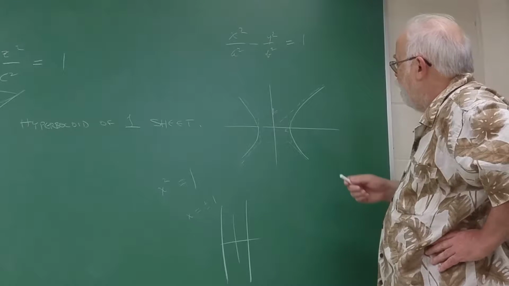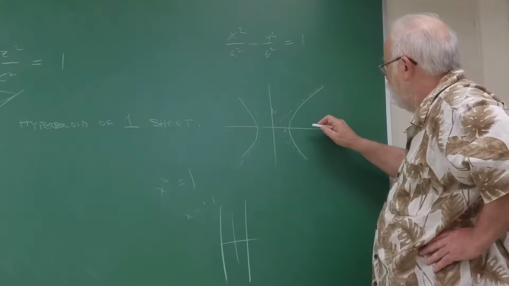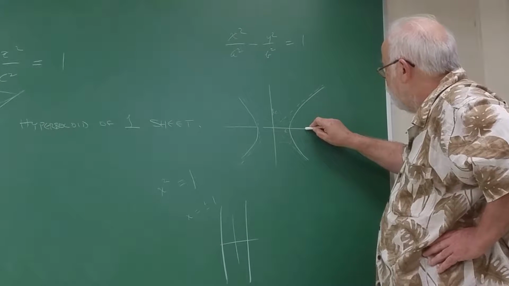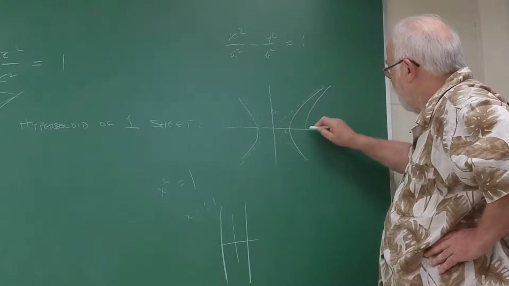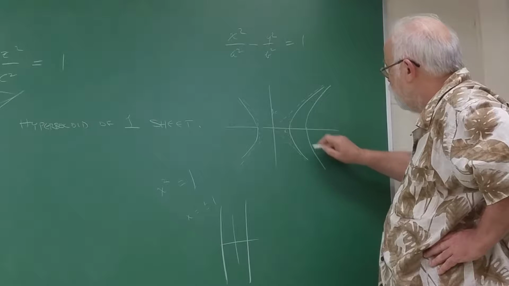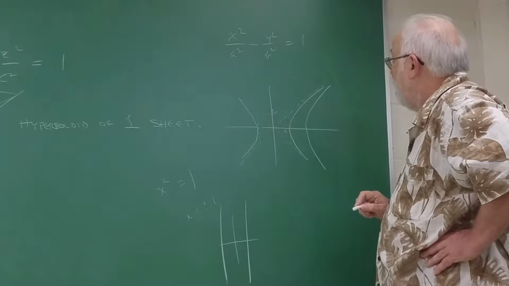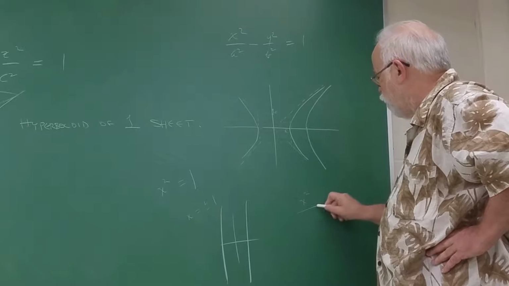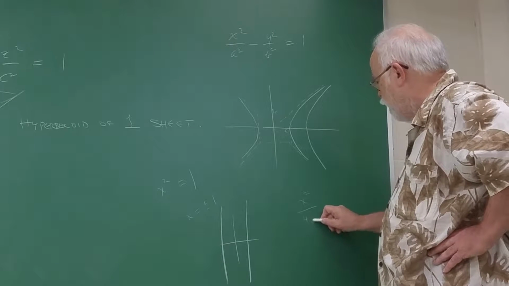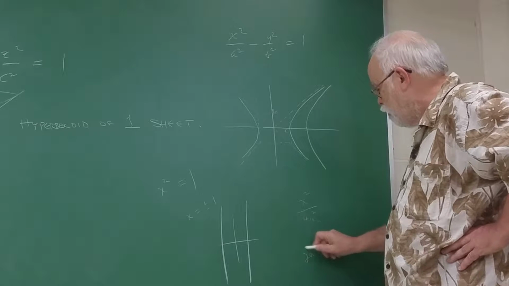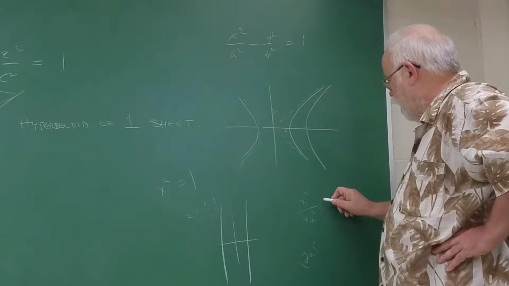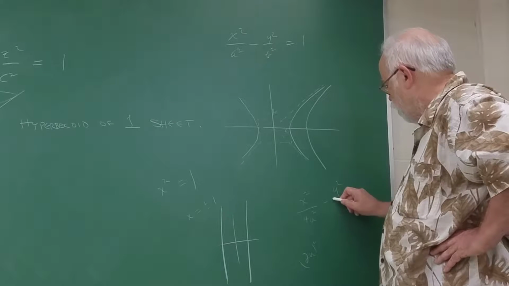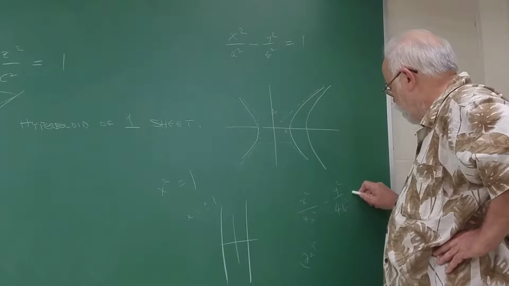And if I were to double the A and the B, I could do another hyperbola. It would have the same asymptotes. And if I did that, I'd have x squared over 4a squared, because that's really 2a, quantity squared, minus y squared over 4b squared equals 1.